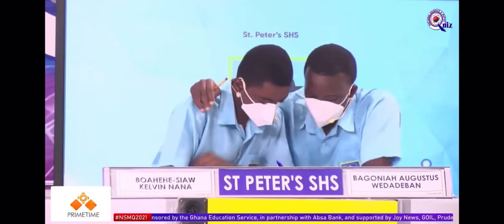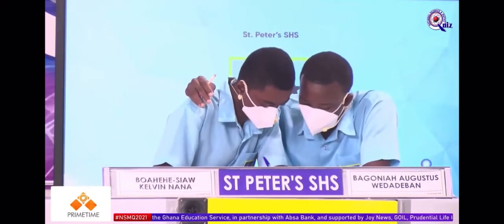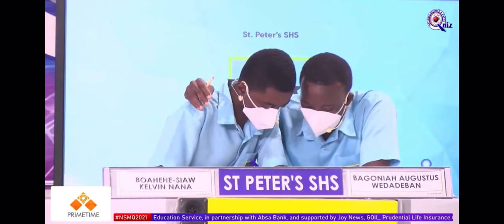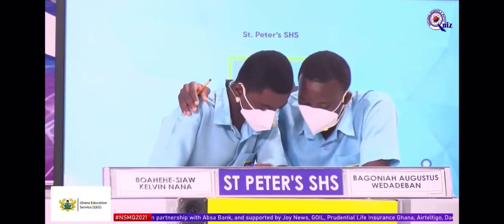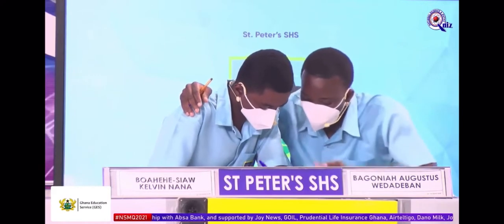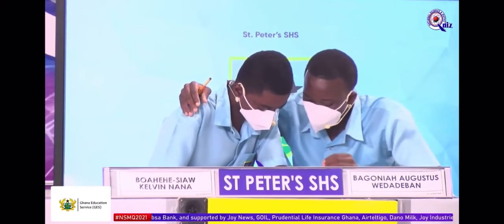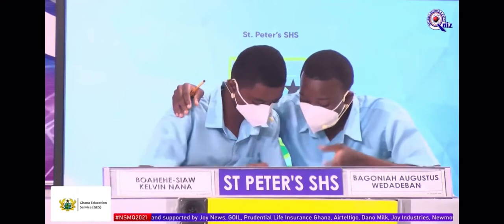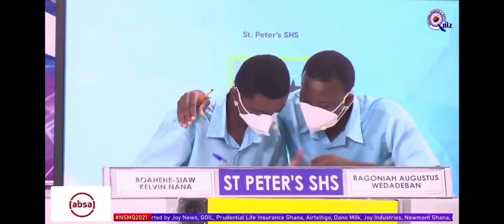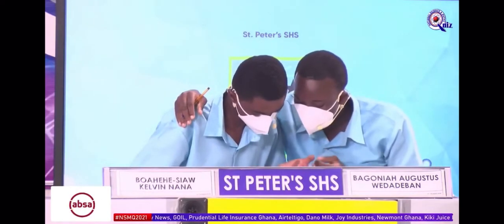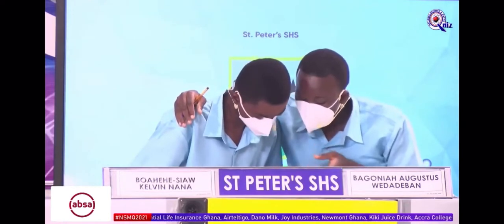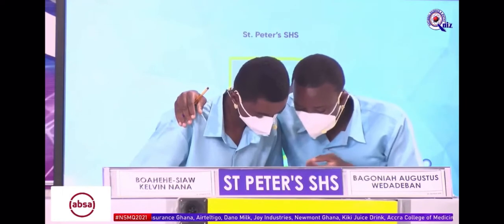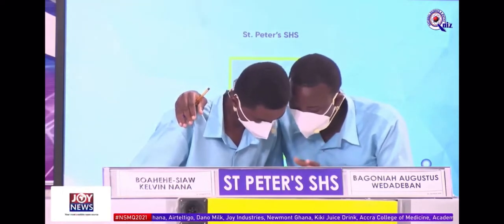Bagonia? So the bauxite is dissolved in aqueous NaOH. And since the NaOH is basic, it is able to react with the silica, the SiO2, which is acidic, to dissolve it from the aluminum oxide, and also from the bauxite, leaving the Al2O3 alone.